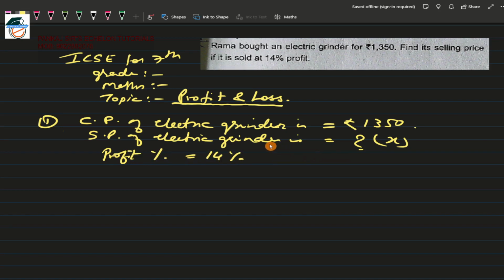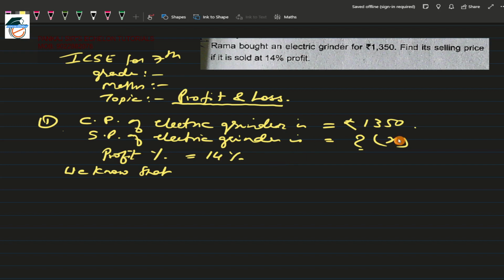With this as the data given to you in the question, let us try to find out the selling price. We are going to write a direct formula connecting the selling price, cost price, and the profit percentage.